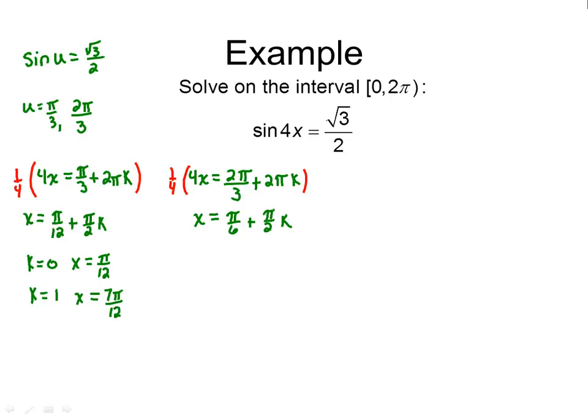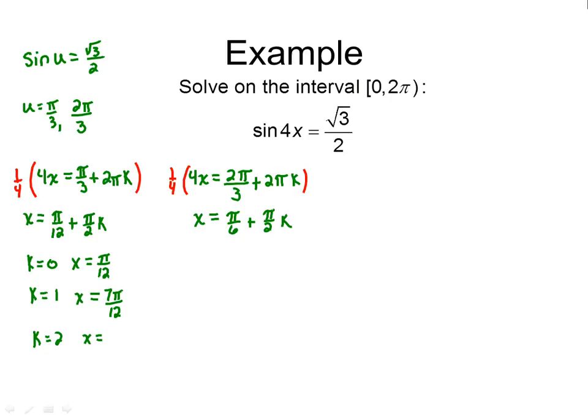Okay, so we have 2 hits. What if k is equal to 2? What is x going to be equal to? See if you can figure out how to do this on your calculator, unless you know how to do it in your head.